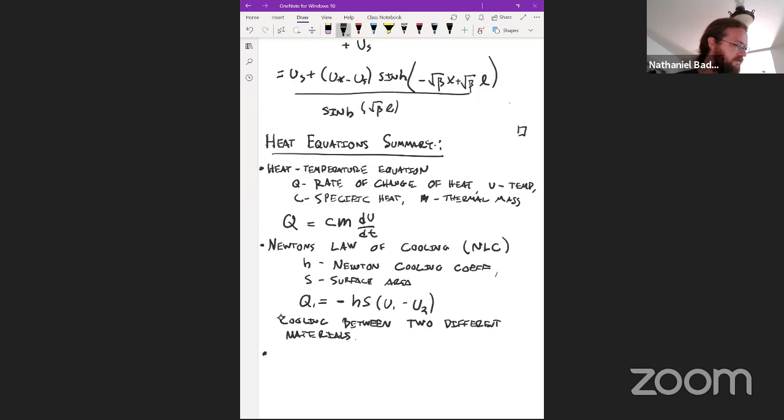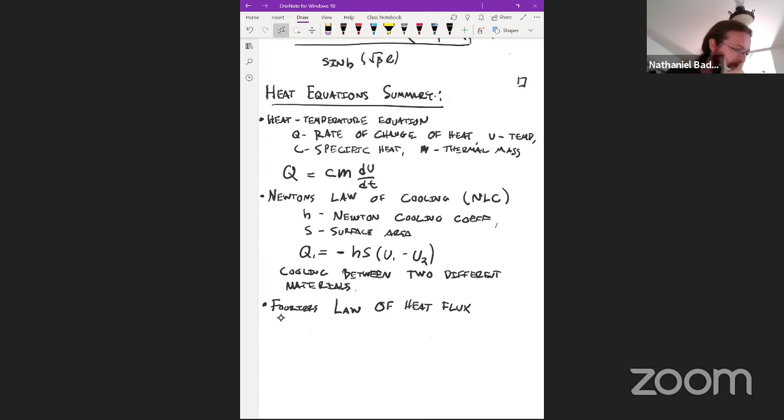Okay. And then finally, we also had Fourier's law of heat flux. That was the equation that gives the heat flux at a location.